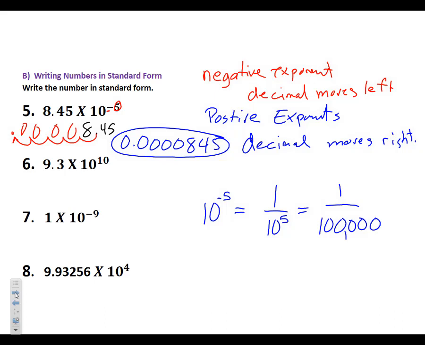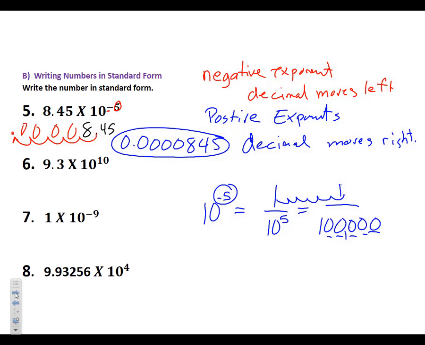If you simplify that out, you would get 1 over 100,000. Now, if you take a calculator and divide 1 by 100,000, obviously you're going to get a decimal. In fact, you're going to move that decimal from the right side of the 1 five places to the left. There are 5 zeros in 100,000, so it moves the decimal 5 places to the left because this was a negative exponent.